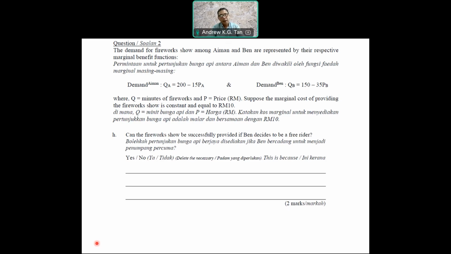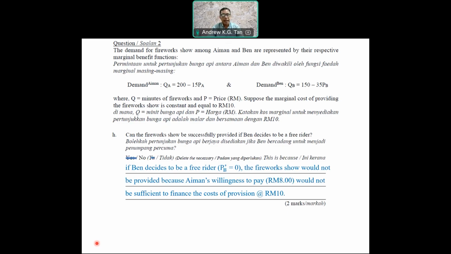While if Ayman is still willing to pay RM8, then the answer here is that if Ben decides to be a free rider, PB star is equals to 0, then the fireworks show would not be provided because Ayman's willingness to pay, which is RM8, would not be sufficient to finance the cost of provision at RM10.